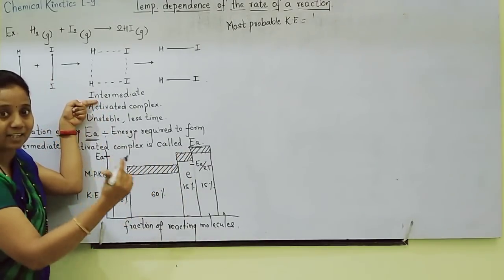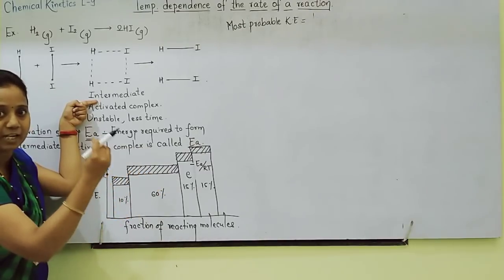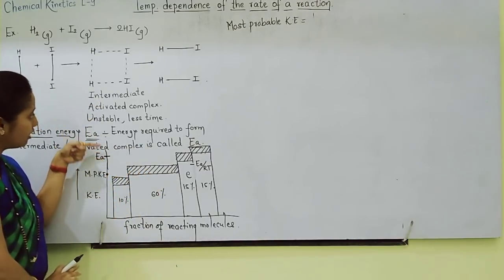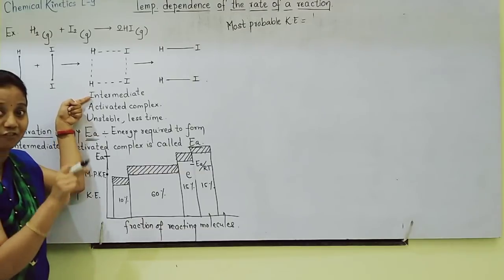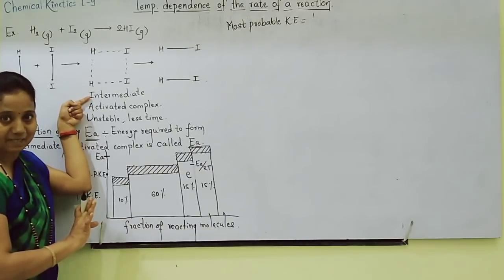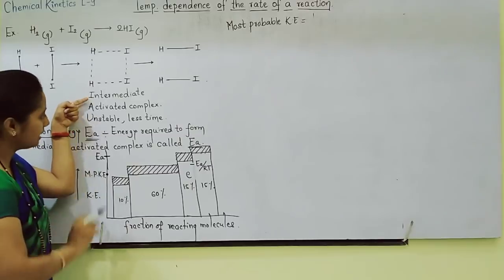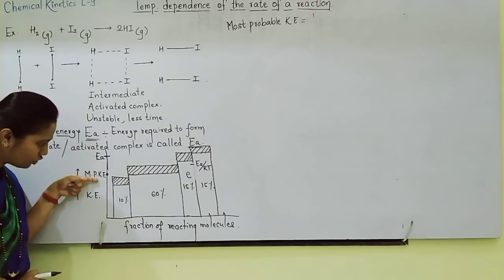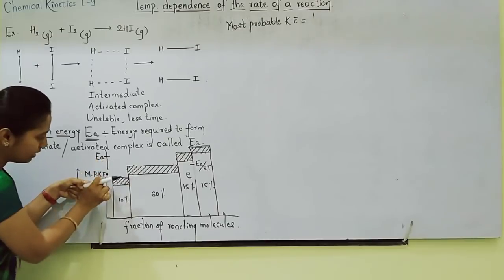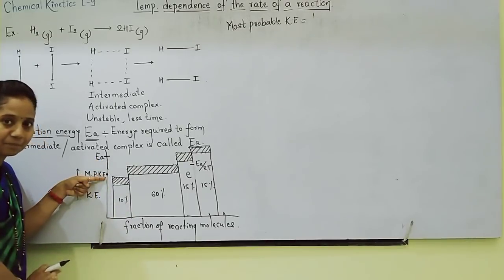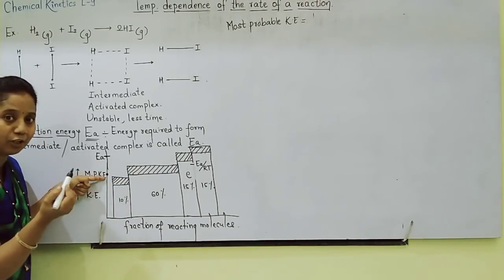So no reactant will get converted into product, which means rate of reaction decreases. Activation energy increases, rate of reaction decreases. Take the opposite. If I decrease activation energy, I made this activation energy very less, then what happens to rate of reaction?